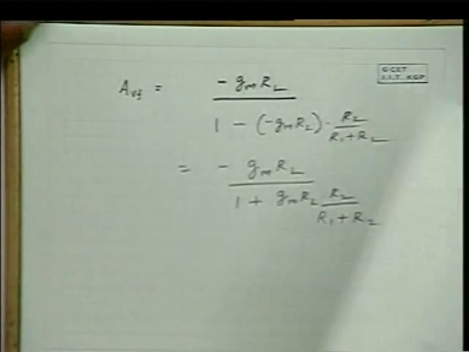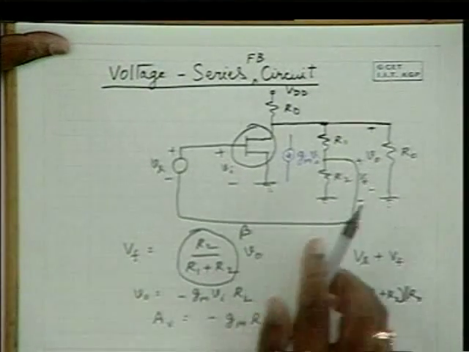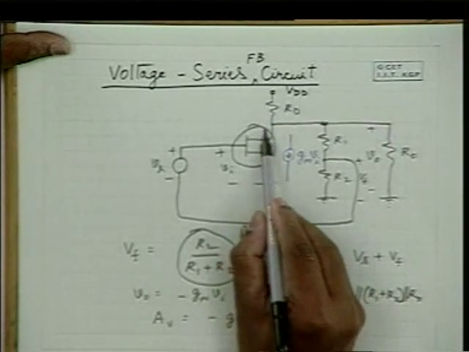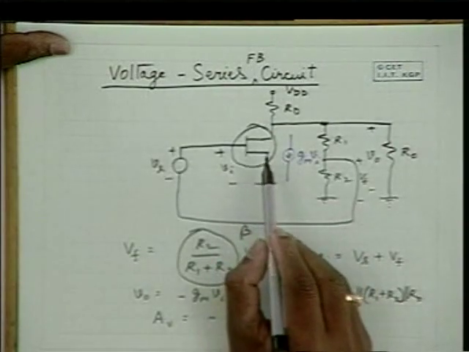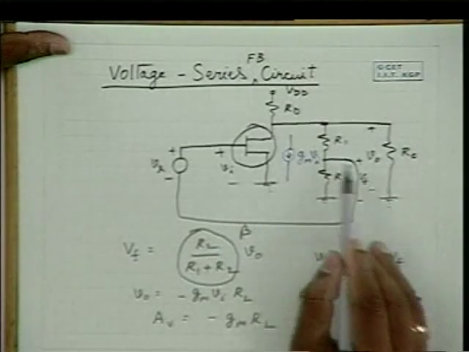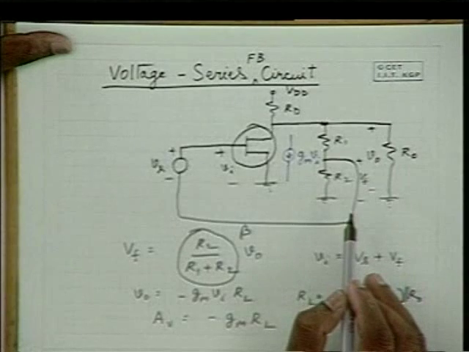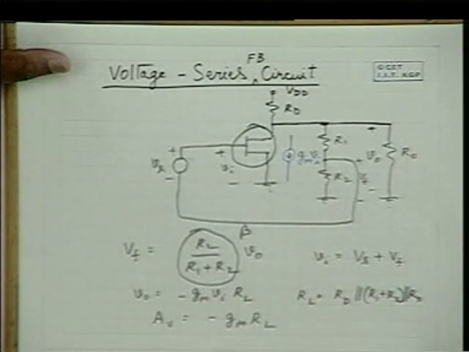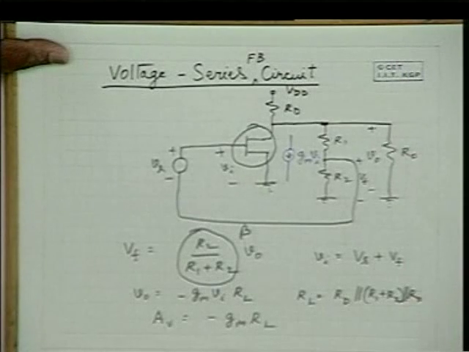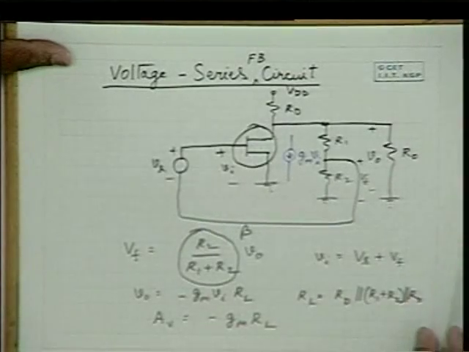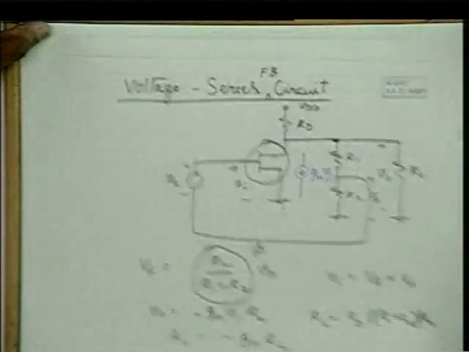And please note that this can be analyzed by simply substituting the equivalent circuit of the amplifier here and analyzing the whole circuit, including the feedback, by directly applying Kirchhoff's voltage and current laws. You will get the same expression. So by applying the principles of the feedback amplifier, we are reducing the analysis, and we got the output like this.